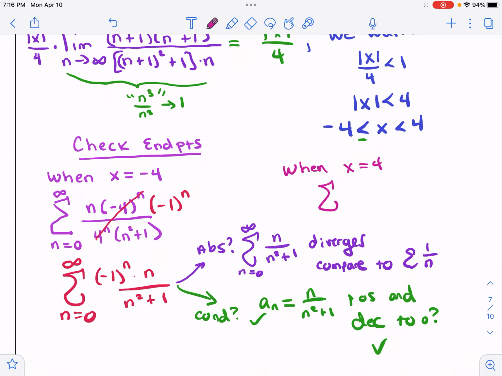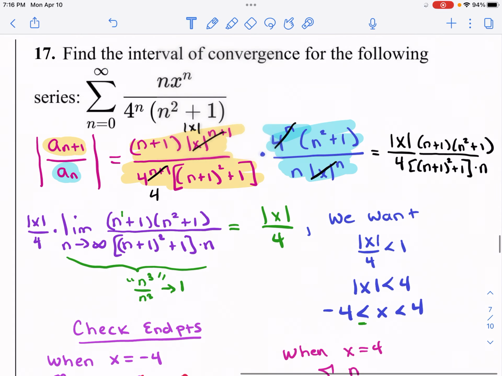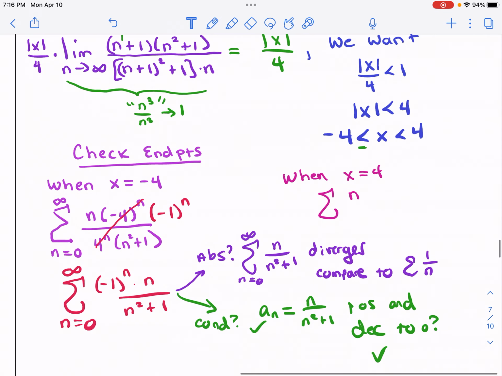Okay, so when x equals 4, it's going to be n times not x to the n, it's going to be 4 to the n. Just put a 4 in for that x. Divided by 4 to the n times n squared plus 1. Okay, those cancel.